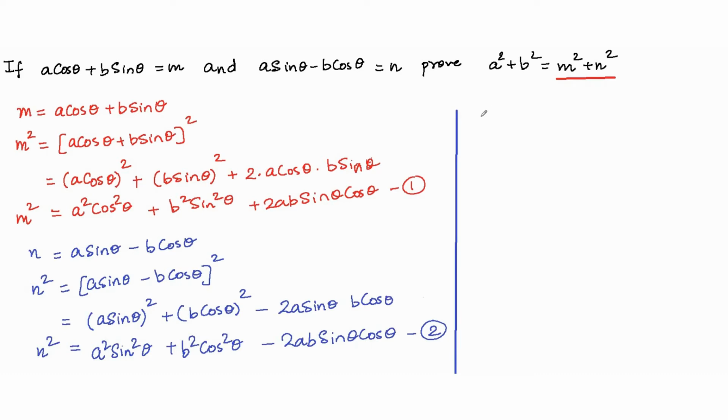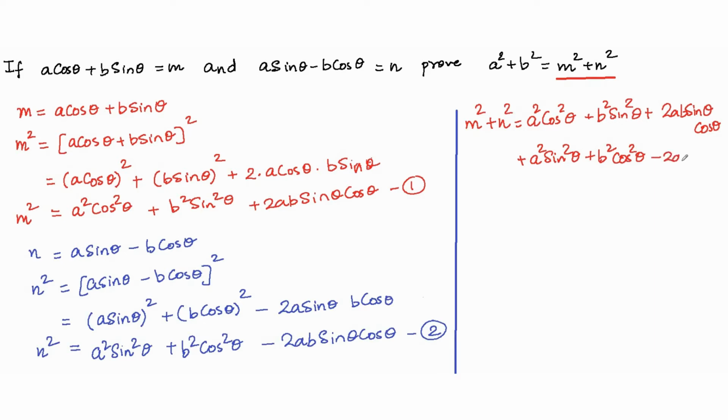M square plus N square would be A square cos square theta plus B square sin square theta plus 2AB sin theta cos theta, and N square would be A square sin square theta plus B square cos square theta minus 2AB times sin theta cos theta. Because we have added these two expressions, let's now take a look at the different terms.